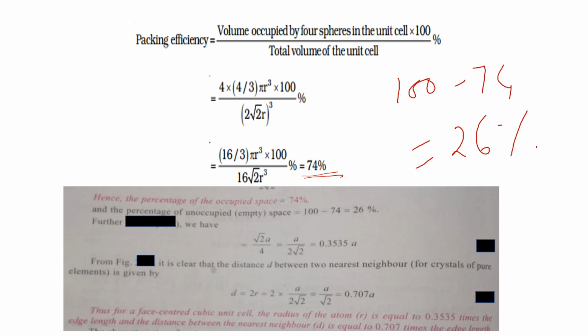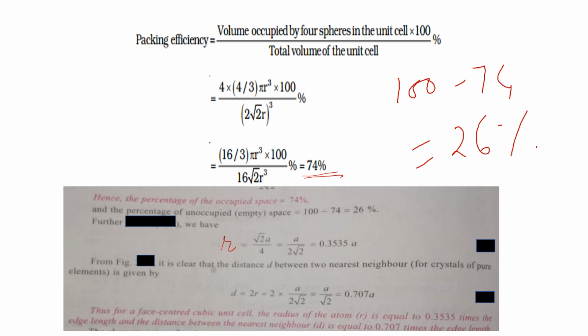Now we have R is equal to A by root 2, that is root 2A by 4. R is equal to root 2A by 4. From there, A by 2 root 2, is equal to 0.3535A.